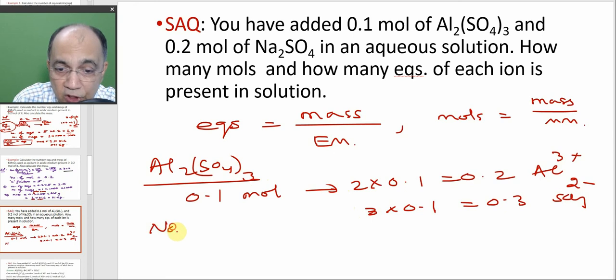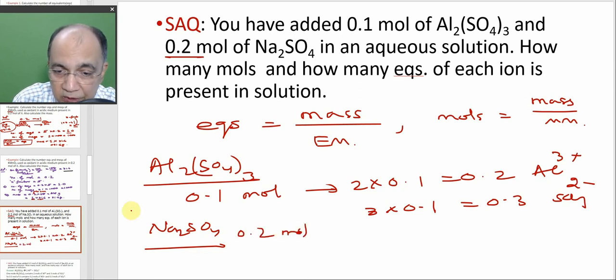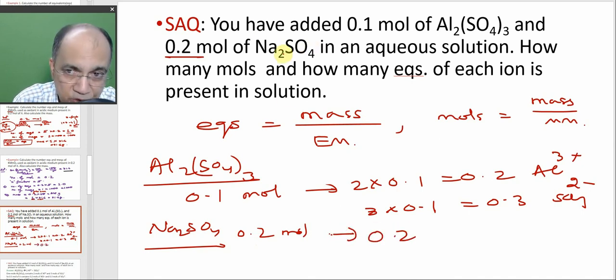And from sodium sulfate, because the two are mixed, 0.2 mole is taken. So if 0.2 mole of the substance is taken, then it indicates 0.2 into 2, because one sodium sulfate unit has 2 sodium ions.